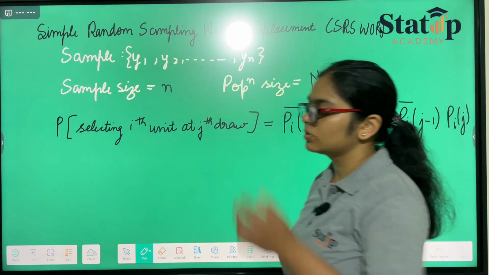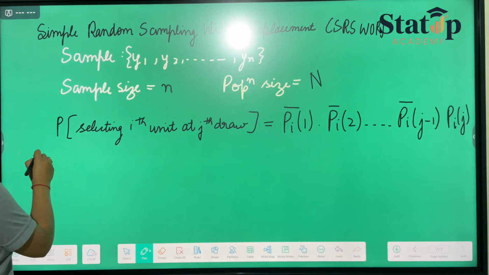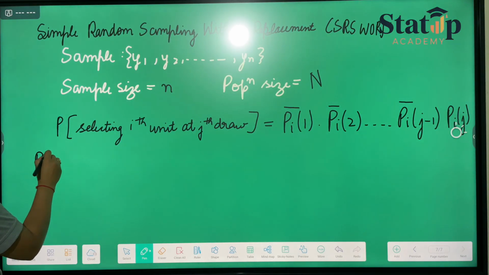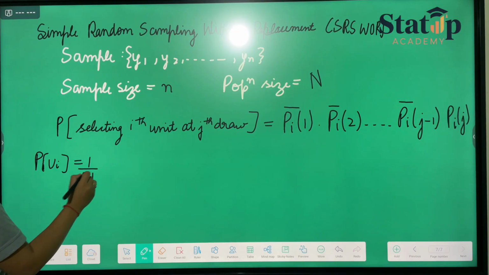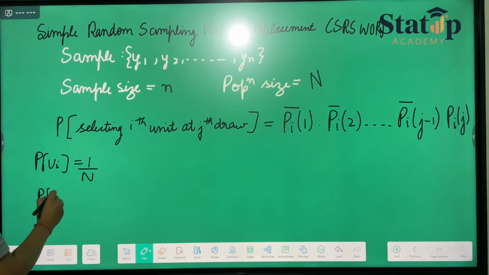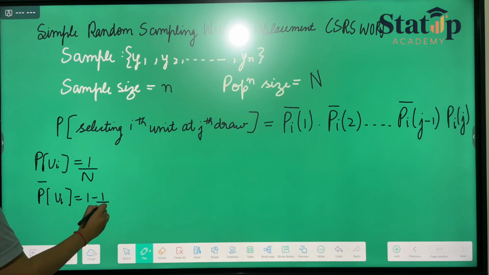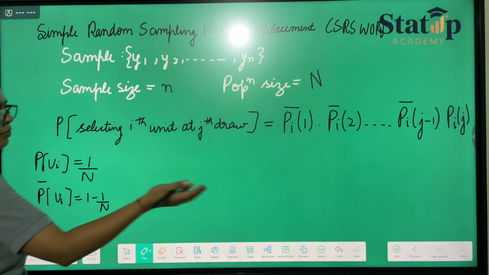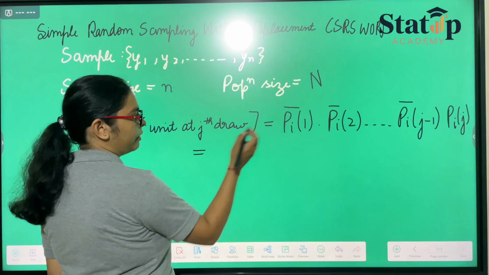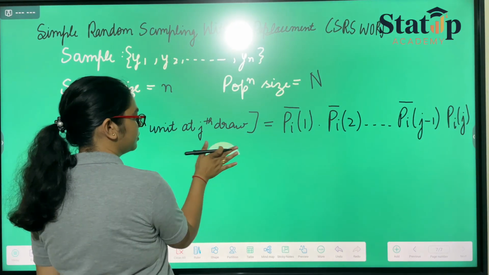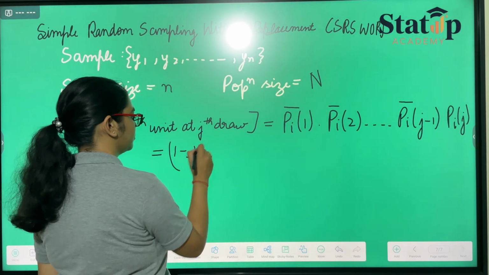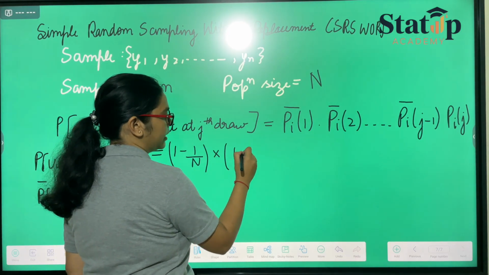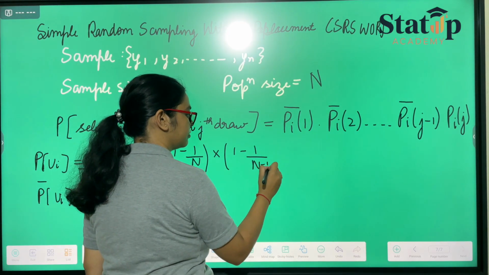In the previous one, the probability of selecting the ith unit ui was 1 upon n, and the probability of not selecting the ith unit will be 1 minus 1 upon n. So we will replace it here. The ith unit in first draw is not selected: 1 minus 1 upon n. Then 1 minus 1 upon n minus 1.